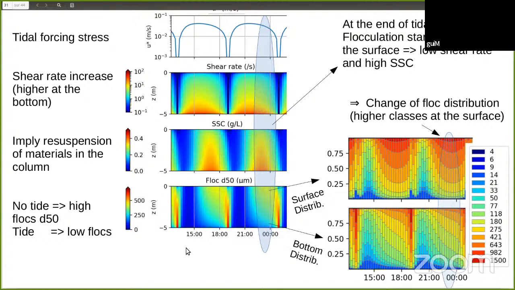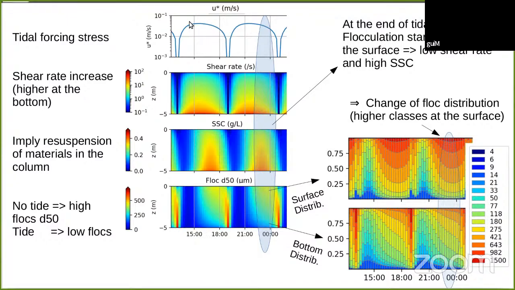Mainly, what we can say is that when you have no tide, the size of your flocs is higher, and when tidal forcing is there, it is lower. So this is the first information.